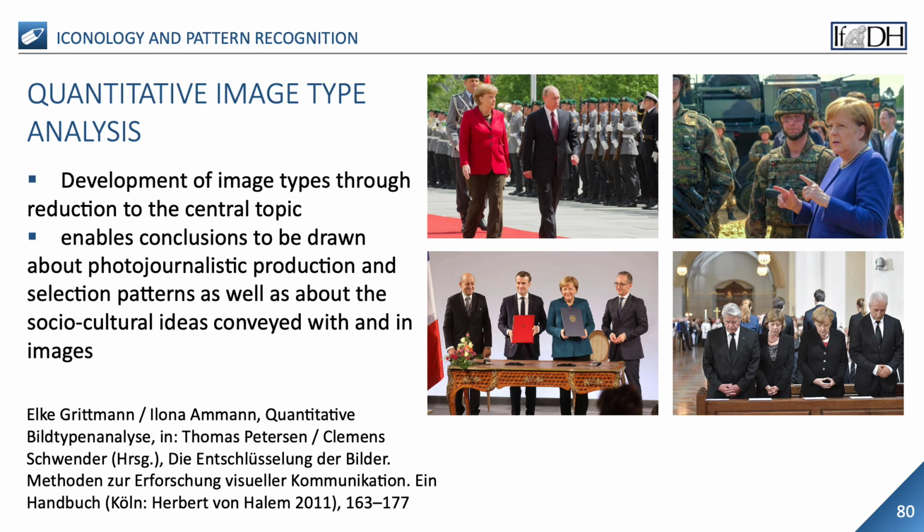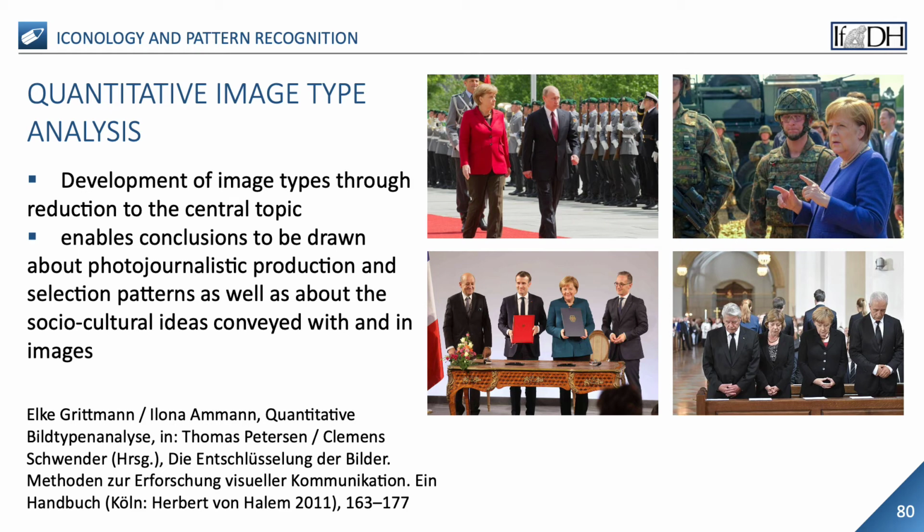For a statistical evaluation of image motifs, empirical social research has developed quantitative image type analysis, in which different image types are developed by reducing them to the central image statement. Two formally dressed people on a red carpet with soldiers in the background, for example, is the state visit type. Another is when the military is involved in communication with the leader.